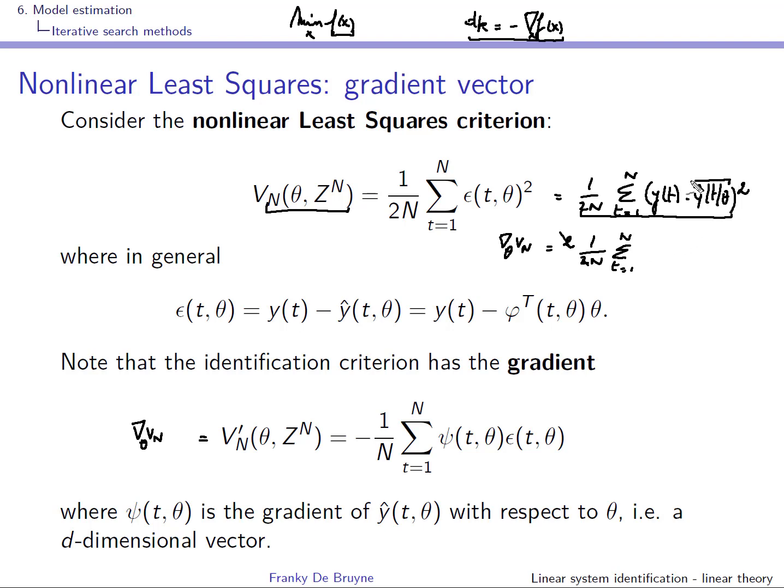So this is epsilon, right? Prediction error. So you have a square here, so the derivative of epsilon squared is 2 times epsilon, the 2 is there, so here we'll write epsilon, and then we have to take the derivative of epsilon.